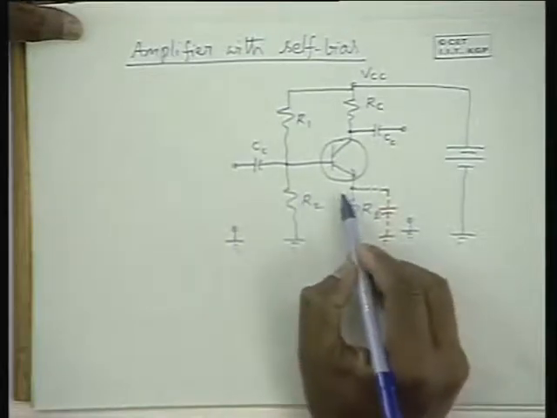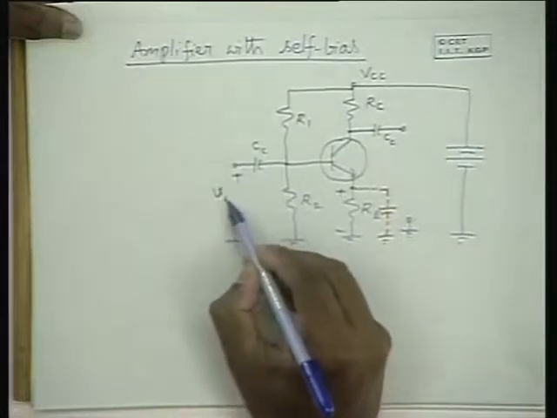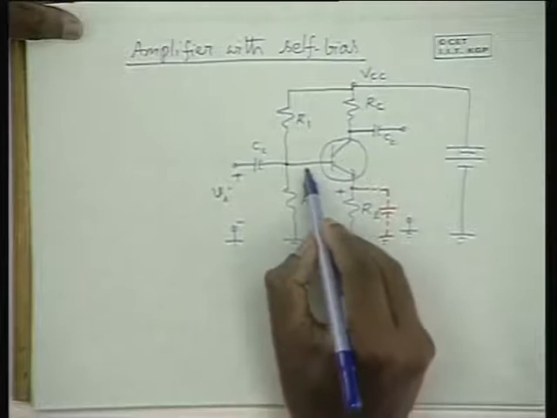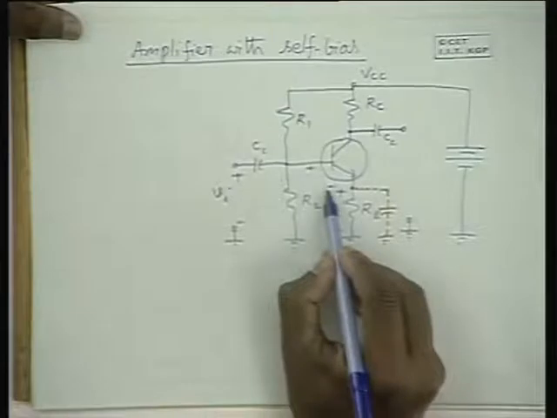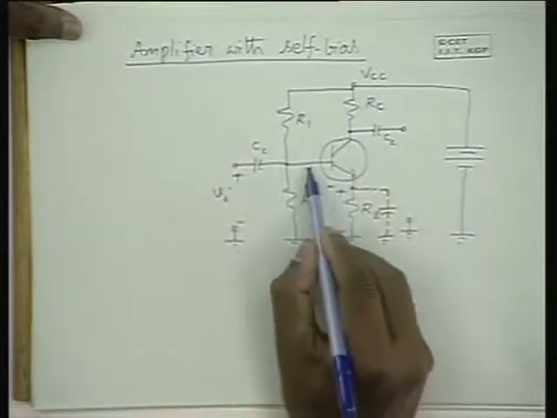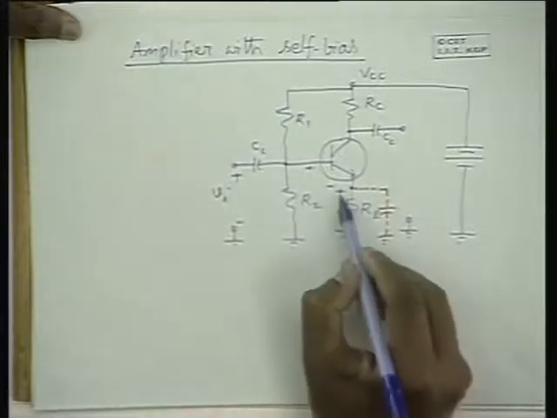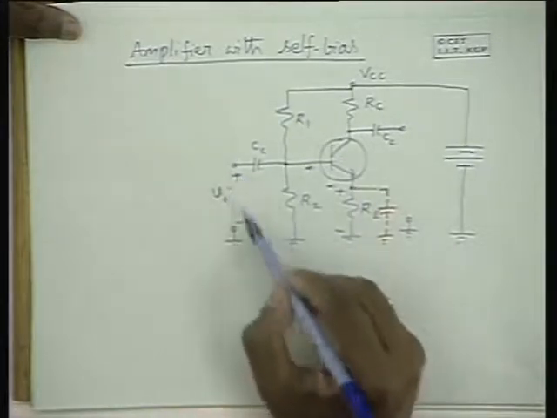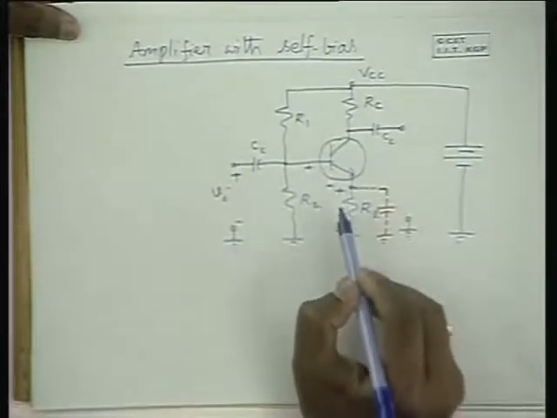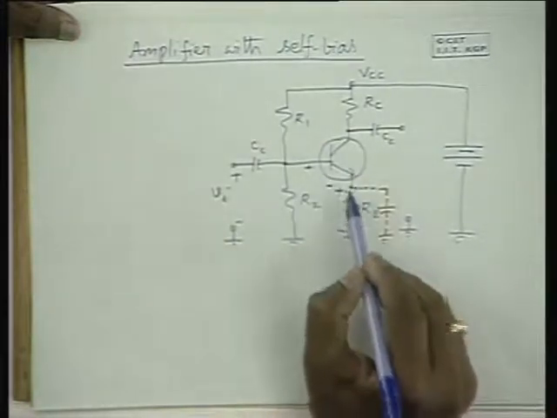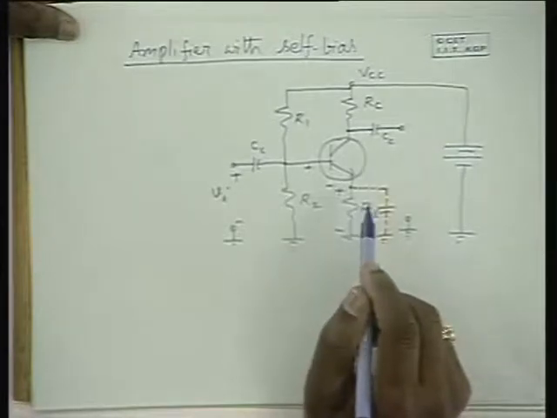This voltage drop is effectively decreasing the input voltage Vi that is applied across the base to emitter junction. The signal applied across base to emitter is equal to this voltage minus this voltage. Therefore, this drop is effectively reducing the voltage, and only a small fraction of it is applied to the base emitter junction. Because of this, the voltage gain is low.